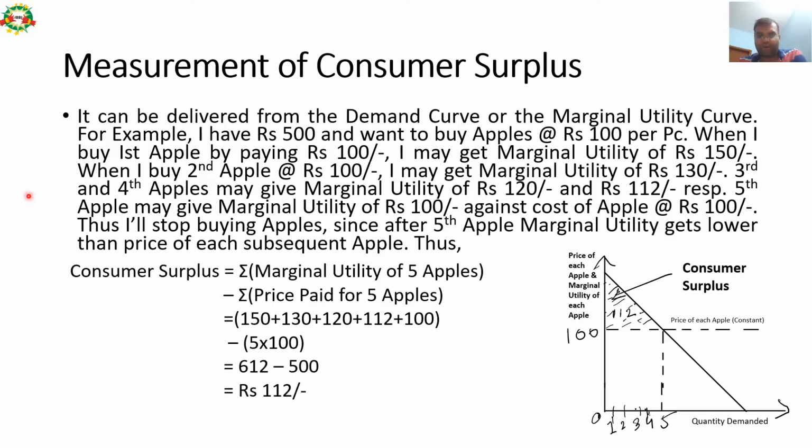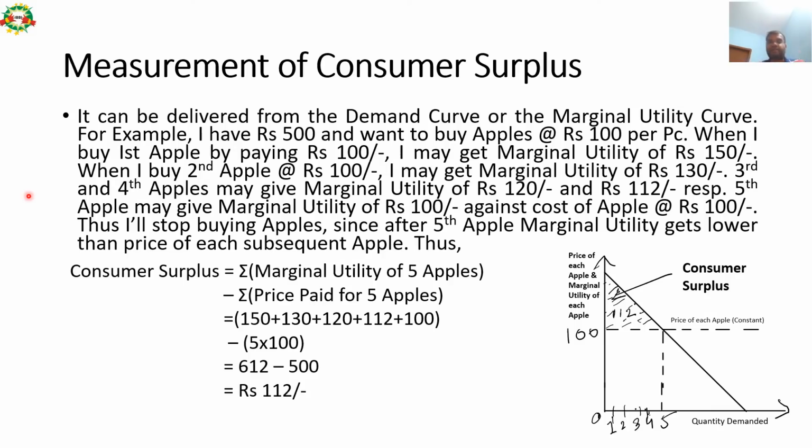Now my utility and my cost of apples will remain constant, since after the fifth apple the marginal utility gets lower than the price of each subsequent apple. So consumer surplus is nothing but the sum total of marginal utility which these 5 apples give me, minus the price paid for purchasing these 5 apples.